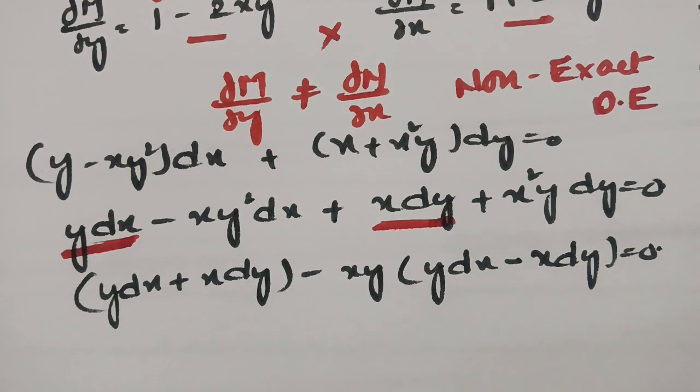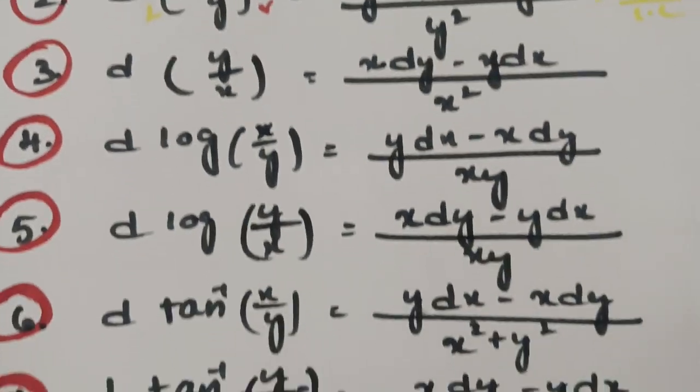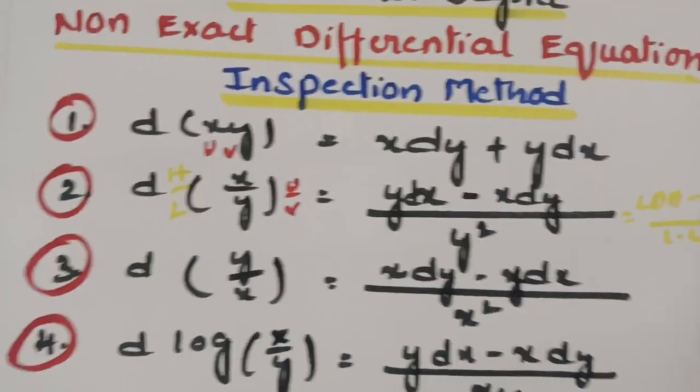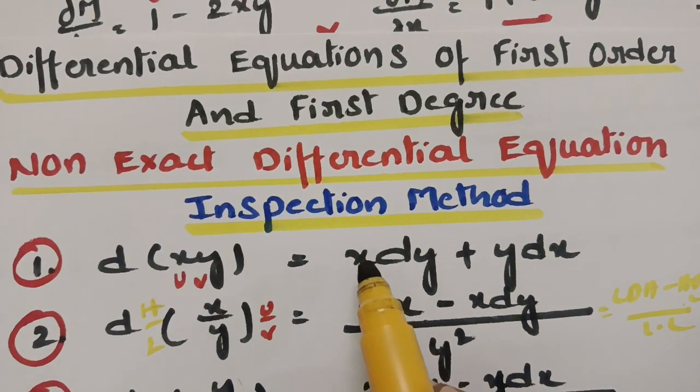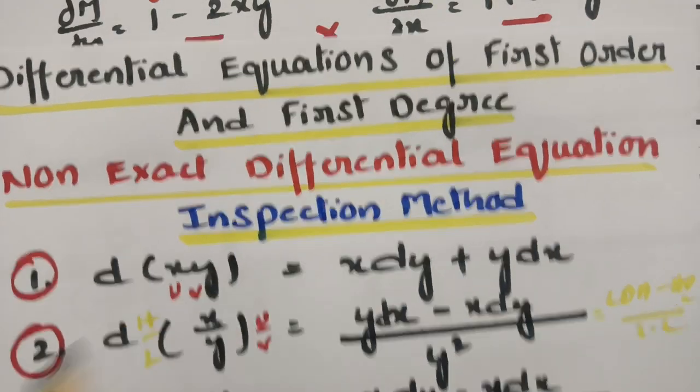Clear? In my previous video, I have told you 10 formulas. These are all the formulas which you have to remember and which we have to apply in this solution. Here, x dy plus y dx can be written as the derivative of xy.